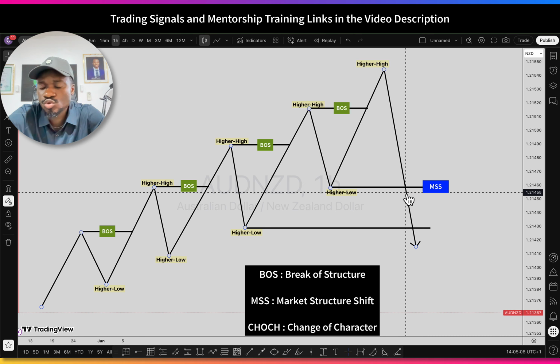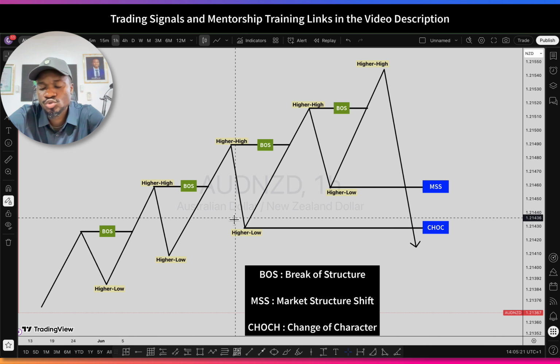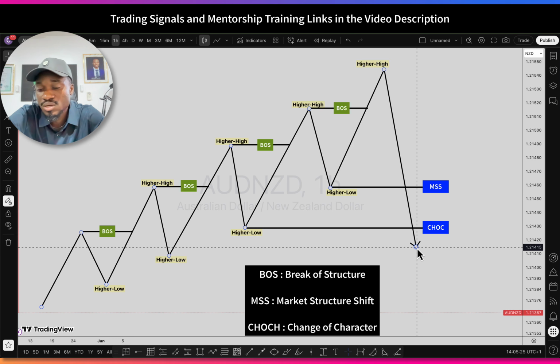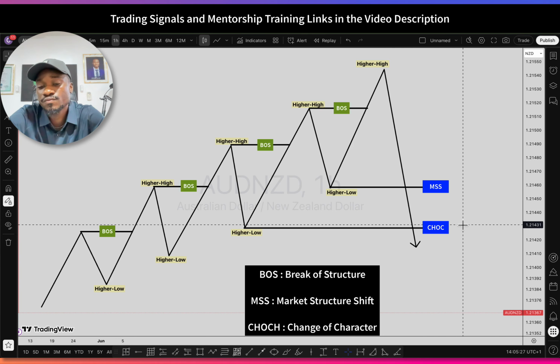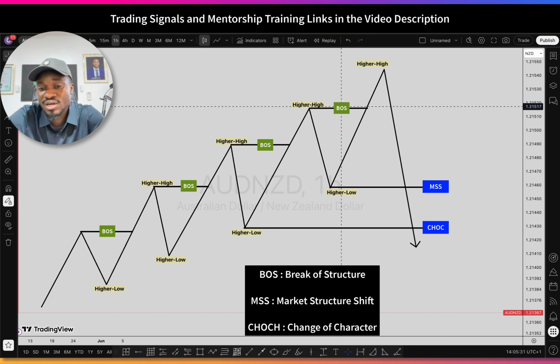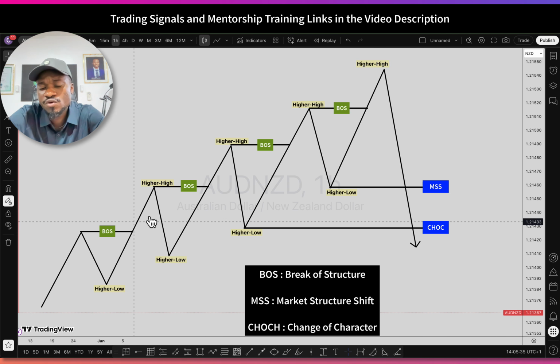If the price continues more lower to take out another higher low, which is 2 consecutive higher lows, now it's showing us buyers are giving up and sellers are dominating the market, and they are about to reverse the bullish market structure into a bearish market structure. So we have change of character, internal market structure shift right here, and the breaks of highs for more higher highs is what we call break of structure.